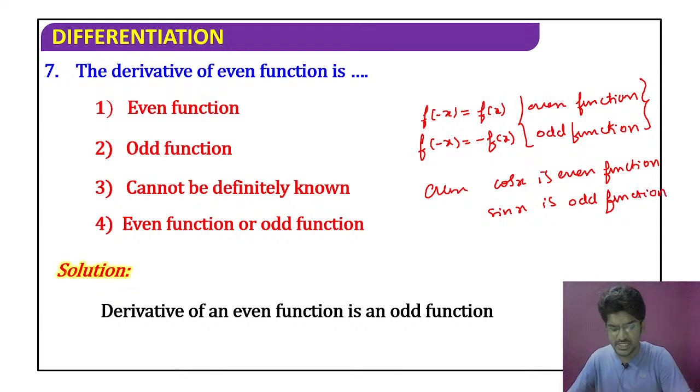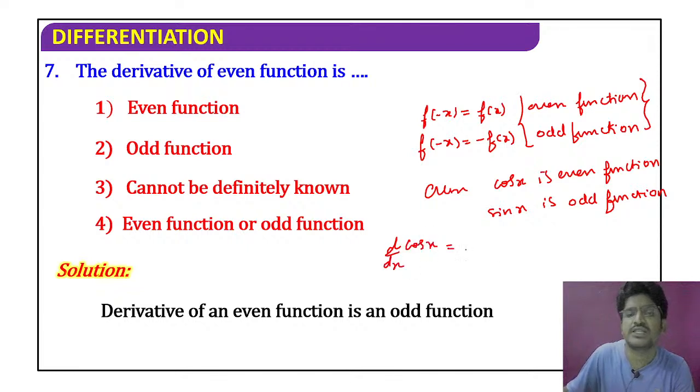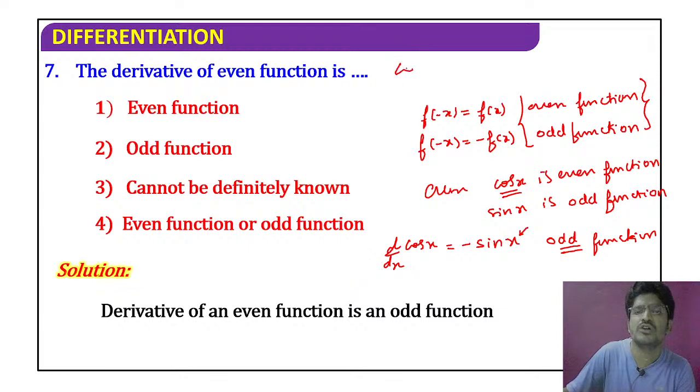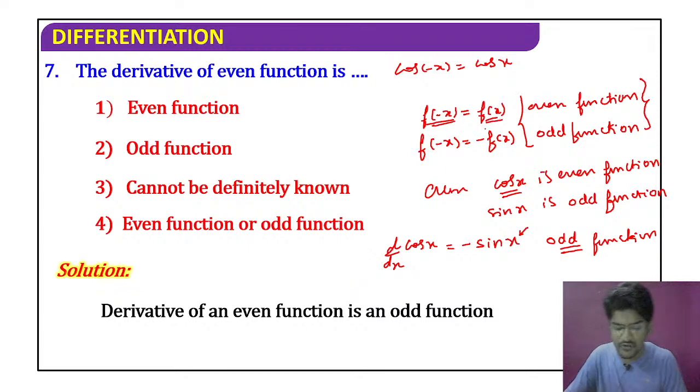From this, you can just understand one thing. If I differentiate cos x, it will show minus sin x. So sin x is what? Odd function. Okay. Why is cos x called even function? Because cos of minus x is cos x. See this, f of minus x is equal to f of x means that is even function.